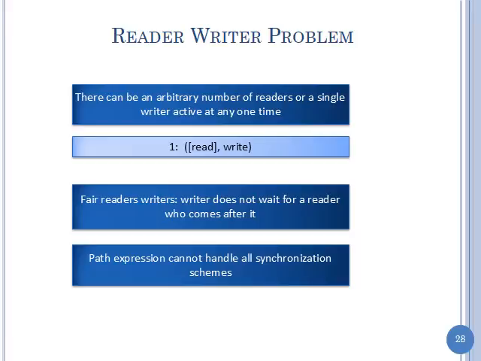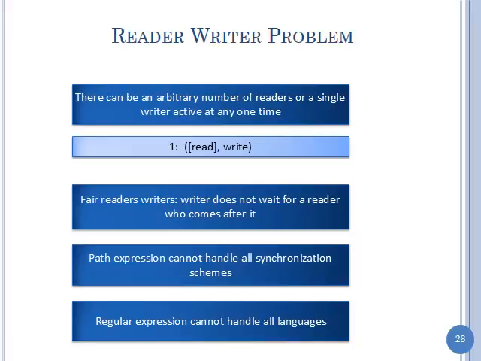That becomes too heavy. How many of you have done fair readers-writers in operating system classes? The semaphores. It's a mess. But it can be done. And here we see that because it's messy and complicated, it's not cleanly done. Just as regular expressions cannot handle all languages, path expressions cannot handle all synchronization schemes.